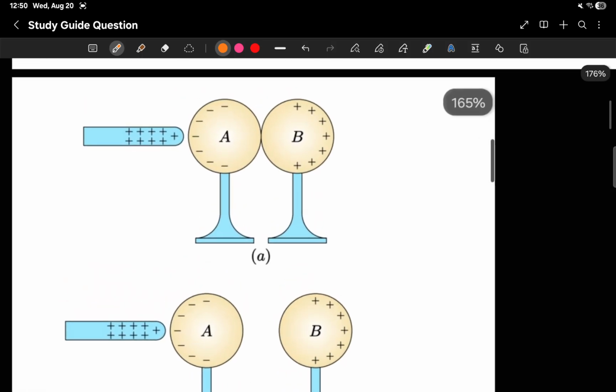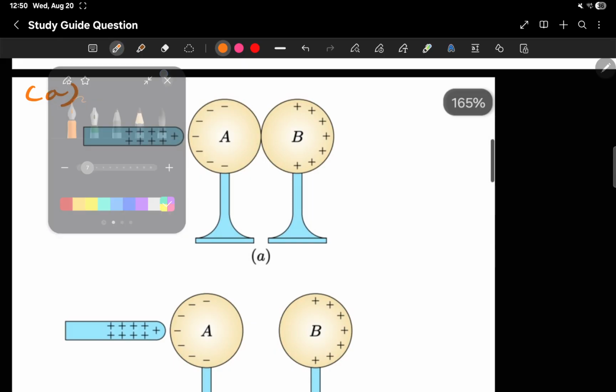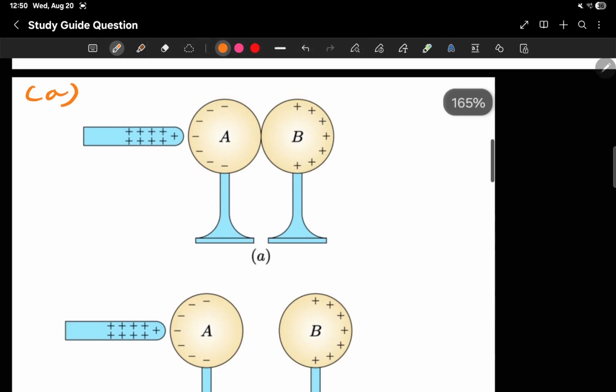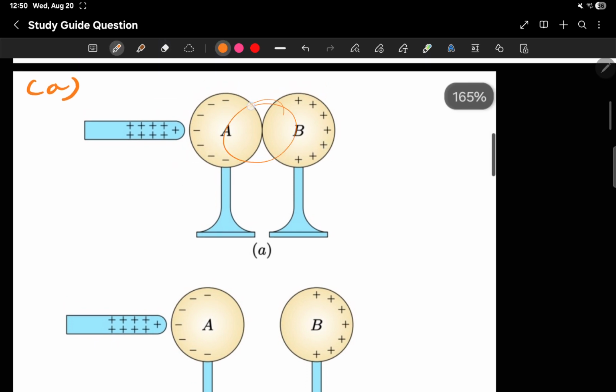Right now we're solving for part A. Initially, when you bring the positively charged glass rod at a distance from sphere A and sphere B that are touching each other, in a previous video I showed that we would have negative charges on one side of sphere A, because the negative charges are trying to move towards the positive charges in the glass rod, and then we'd have some positive charges left over here, and similar with sphere B where we'd have negative charges left over here.